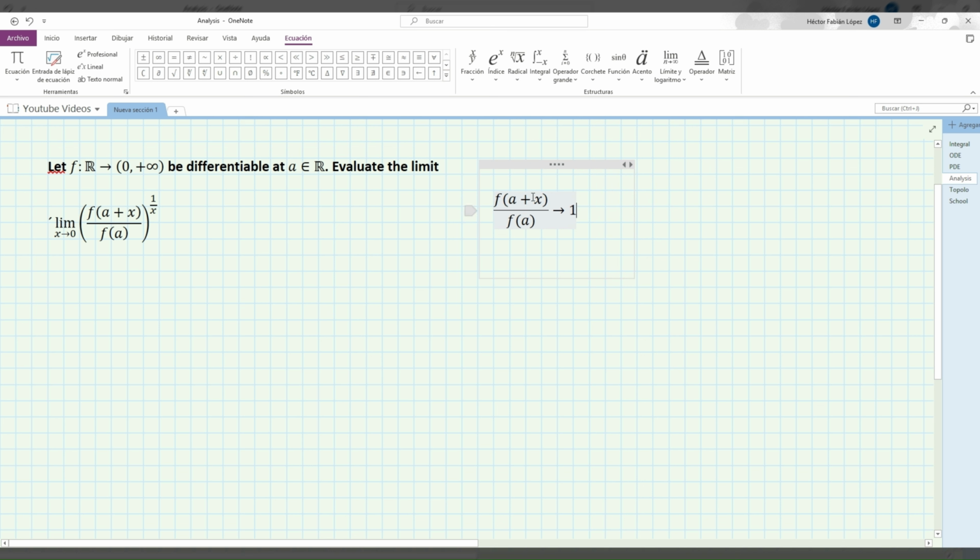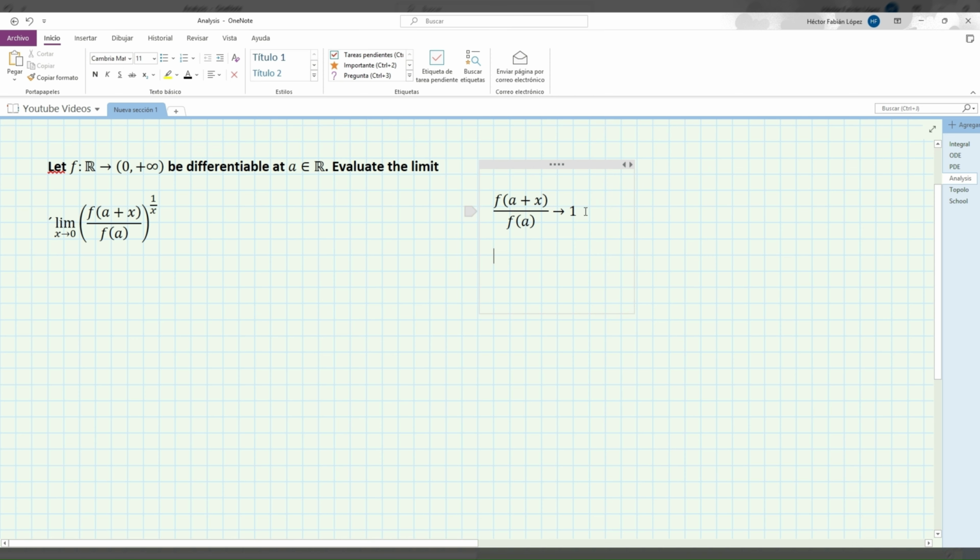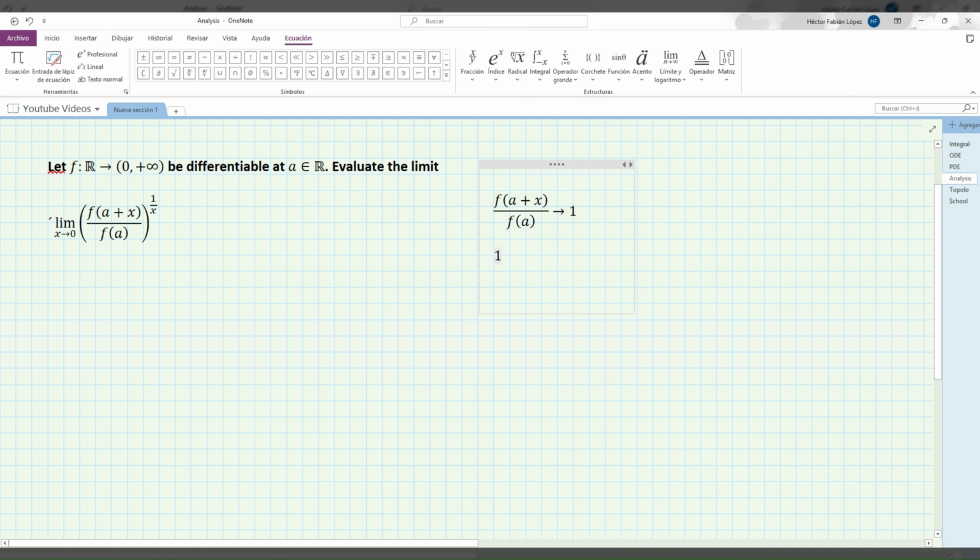Because x approaches 0, a plus 0 is a, and f of a over f of a approaches 1. Okay, excellent, very well. And after that, here we will have that 1 over x approaches infinity.